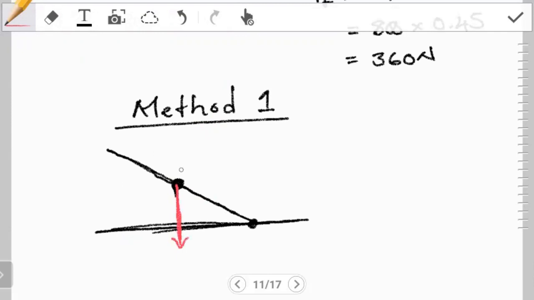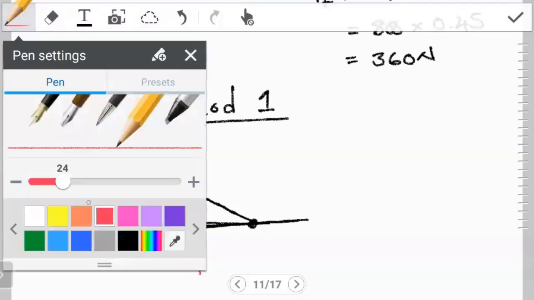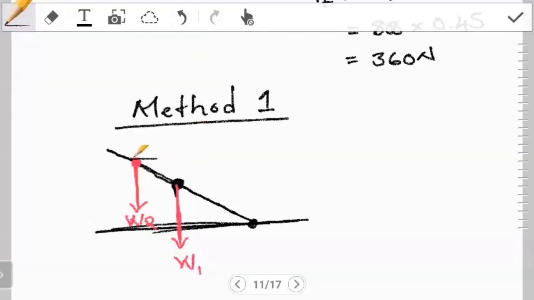And next up, you have the position of the man. We don't really know where this man is, so we can put him anywhere. So this is W1, this is W2. Lastly, we have the position of the last force, which is N2.